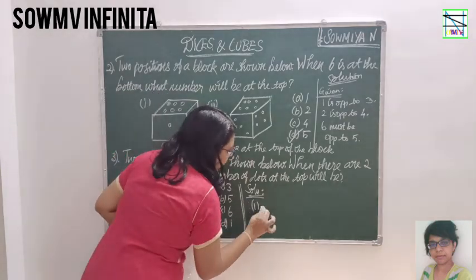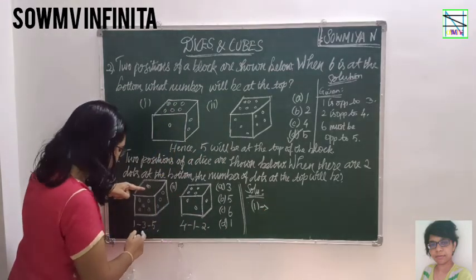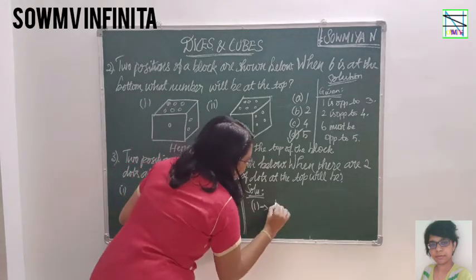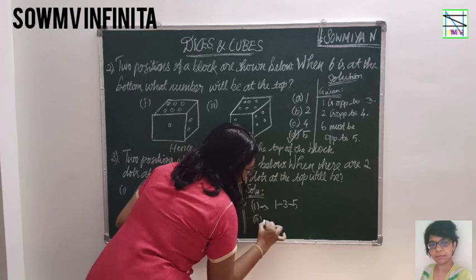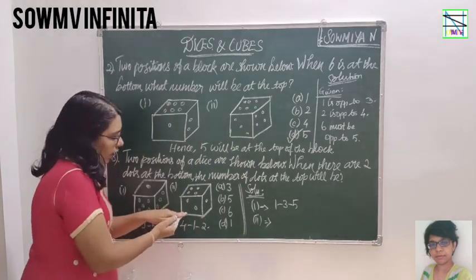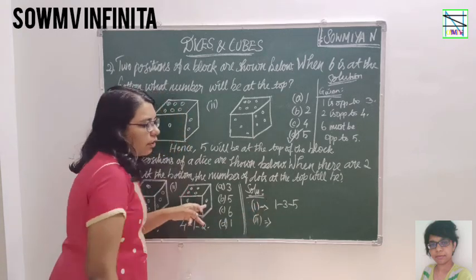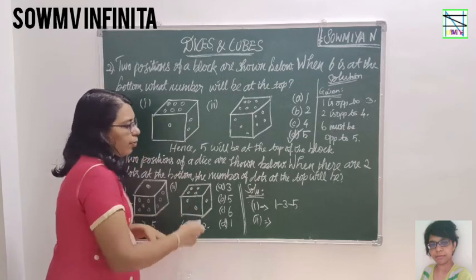From the first dice, 1, 3, 5. In the second dice, arrange in a clockwise direction. So we can start from 1 because the first dice starts with 1. So 1, 2, 4.